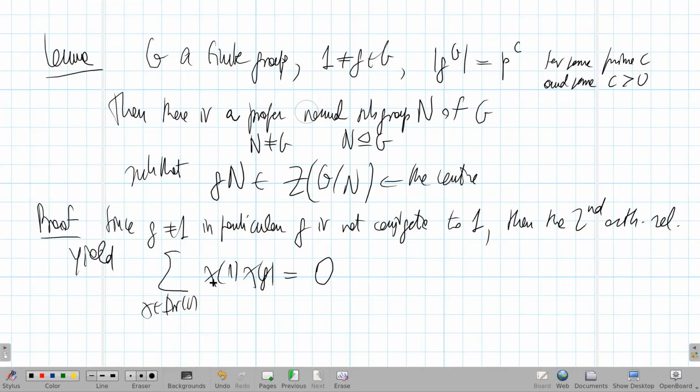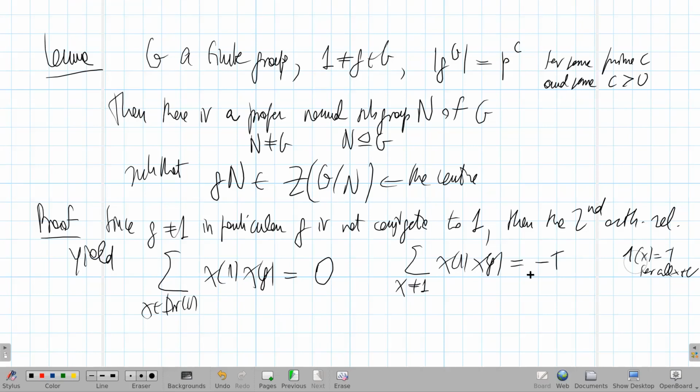So we can rewrite this as a sum when chi is different from 1, where 1 is the trivial character, and 1 of X is 1 for all X in G. And so this will be equal to -1, because if you take the trivial character, you will have 1 times 1.